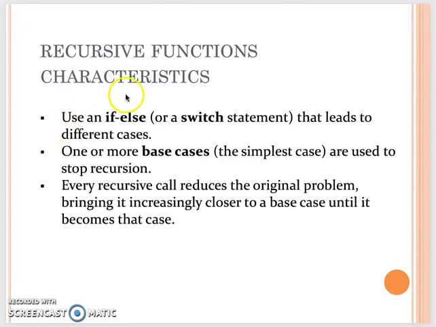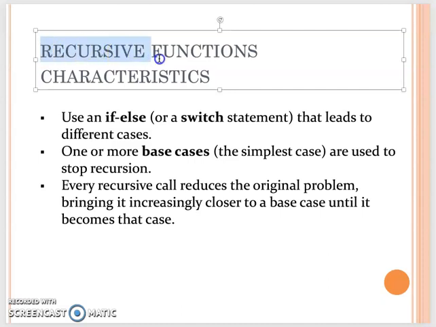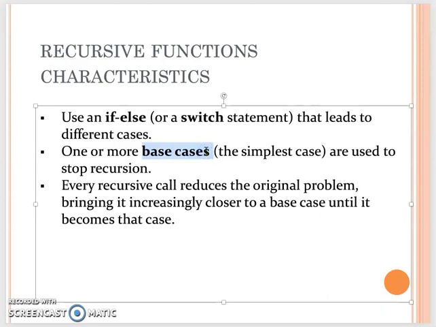So here I want to remind you, whenever you start writing a recursive function, that's the characteristic you need to pay attention to. Don't forget, we need the base cases. Most of the time in your recursion function, you can see either an if-else statement or a switch statement.